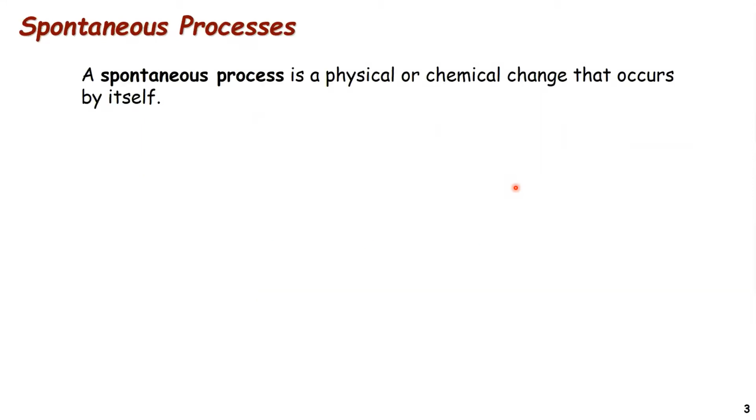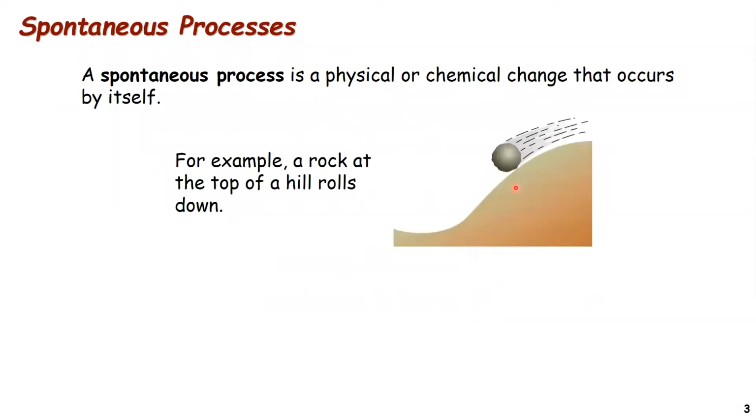So let's talk about what a spontaneous process is. A spontaneous process is one that occurs by itself. An example would be a rock rolling downhill. Now, this rock might have started at the top of the hill, and I might have had a pebble underneath it, and I might have had to kick the rock to get it started, but once it started, it would roll downhill.